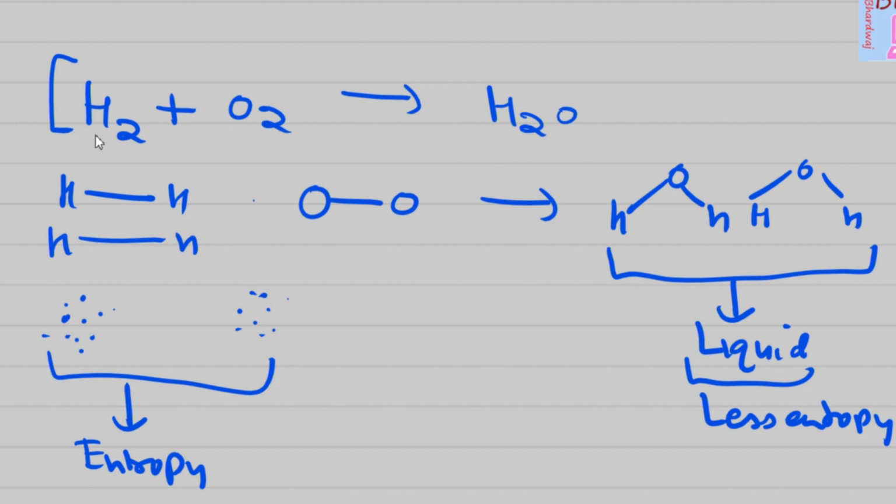But if you remember the second law of thermodynamics, it states that in all natural processes the entropy of the universe is going to increase. Yes, when we see the universe, the entropy is increasing, but within this reaction, which is also a natural process, the entropy is going to decrease.